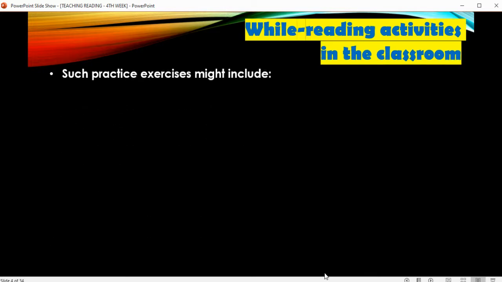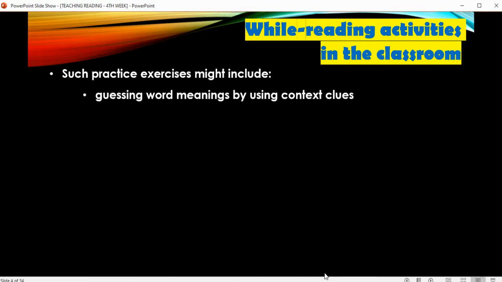So such practice exercises might include, notice the kind of exercises that we could use here: guessing word meanings by using context clues. So we are going to make our students guess the meaning of the word, not by looking up in a dictionary.